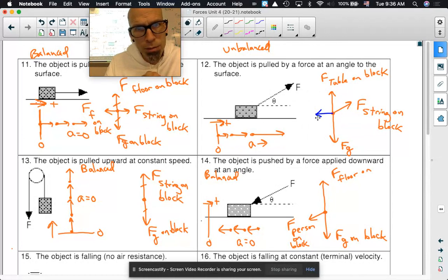What could possibly be pulling to the left on this block as it's being pulled to the right by the string? The friction force, maybe? There could be a friction force here. If you said it was constant velocity or it wasn't moving at all, then there has to be a friction force here.